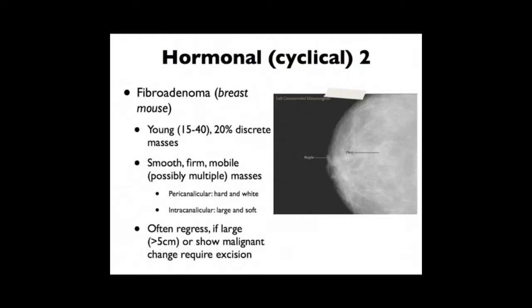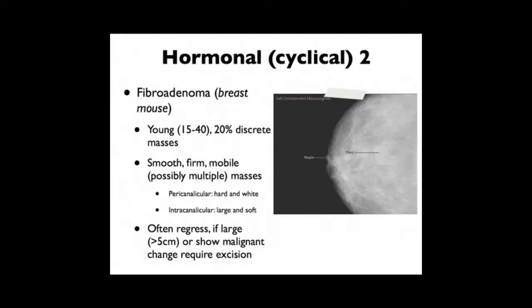The final hormonal disorder is the fibroadenoma, which is one of the more common ones. A breast mouse. This is common in younger women, often between the ages of 15 to 40, and they present as smooth, firm, mobile masses. You can occasionally have more than one. You can see a picture here, so it's rounded.